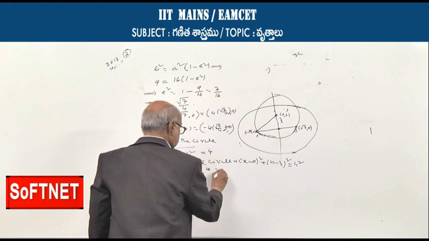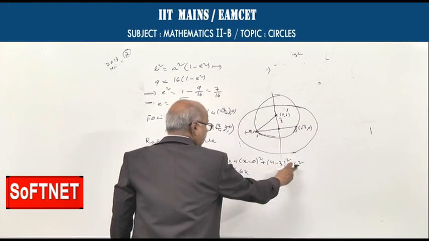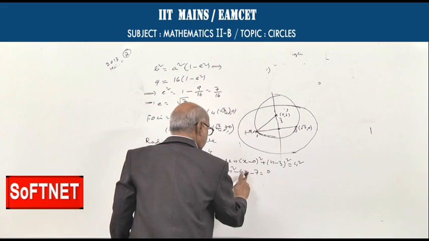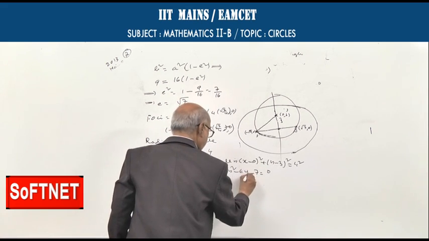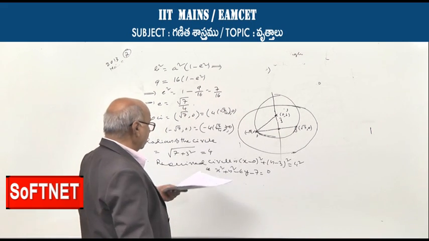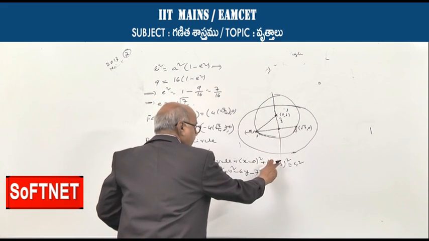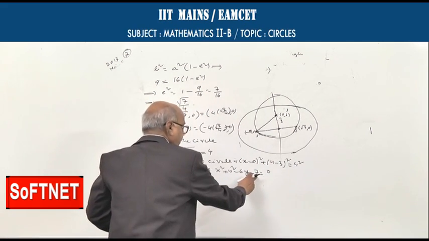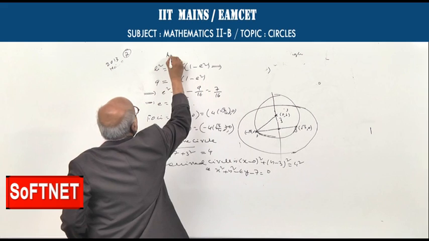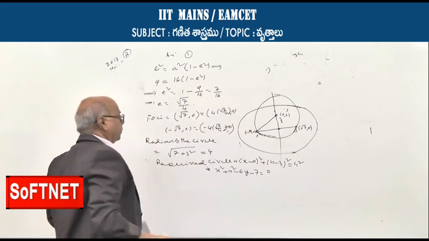That is x square plus y square minus 6y plus 9 minus 16, that is minus 7, equal to 0. So the answer is option number 1 itself.